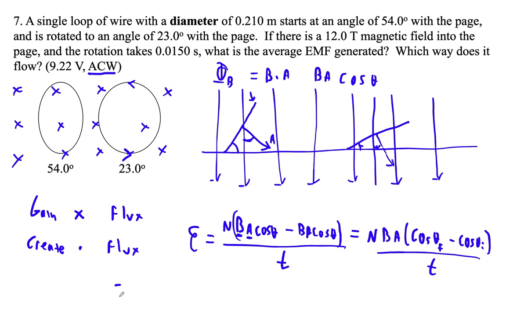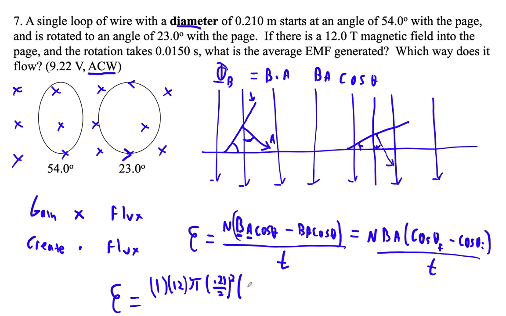So our EMF is equal to 1, our number of windings, right? Our magnetic field is 12 Teslas. It's a big magnetic field. I just want you guys to know that. Oh no, it's got a diameter of 0.21. So the area is pi times 0.21 over 2 squared, because it's the diameter, right?